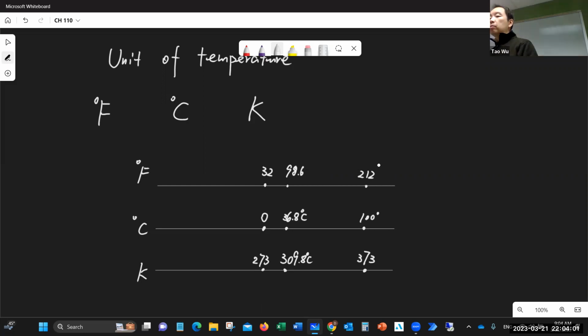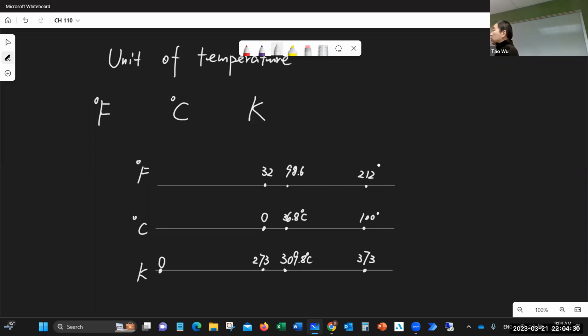The difference for Kelvin is that they do have an absolute zero. This is an ideal temperature. I mean, nobody has reached this temperature yet. Technically, people think that at absolute zero, anything is frozen, including the molecules themselves.